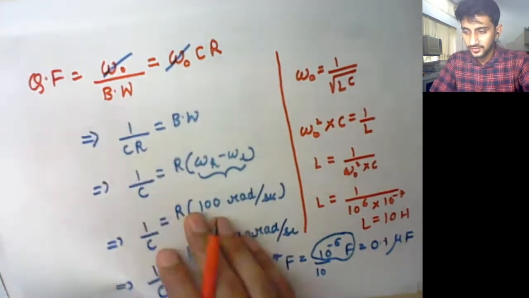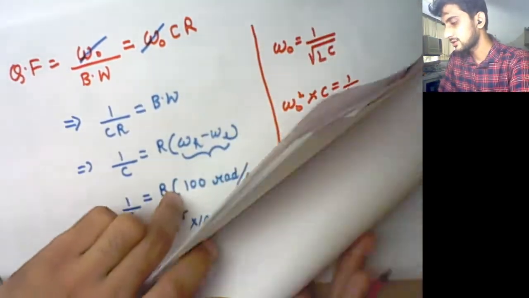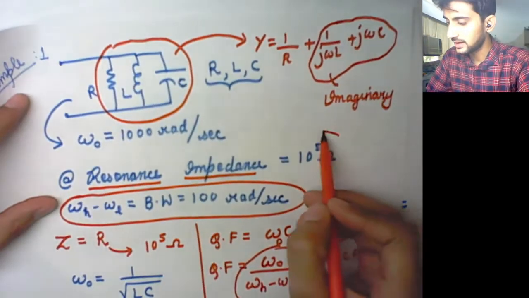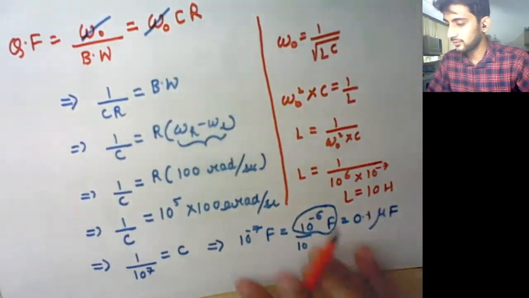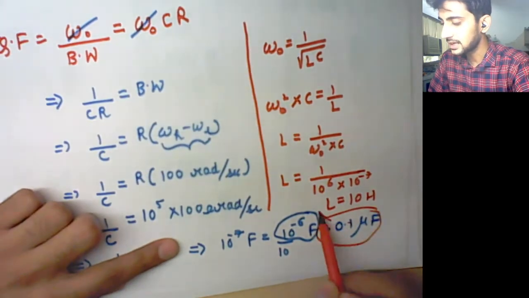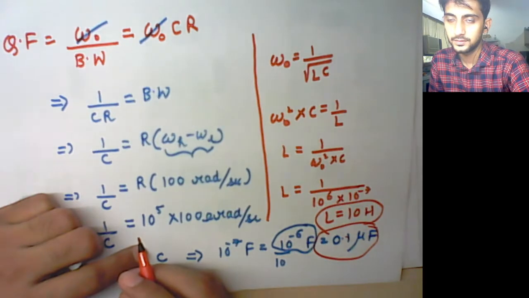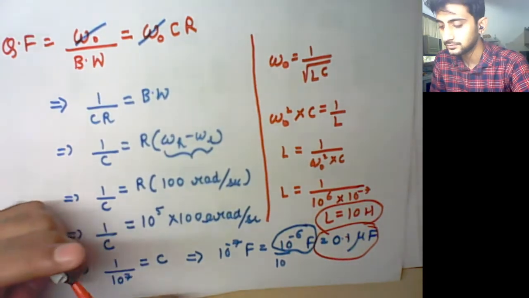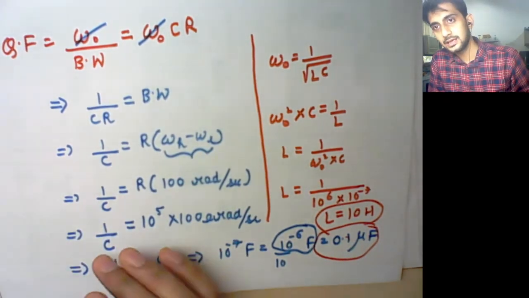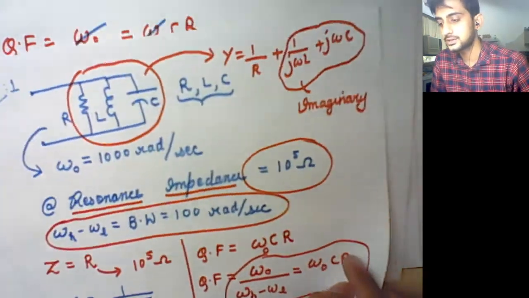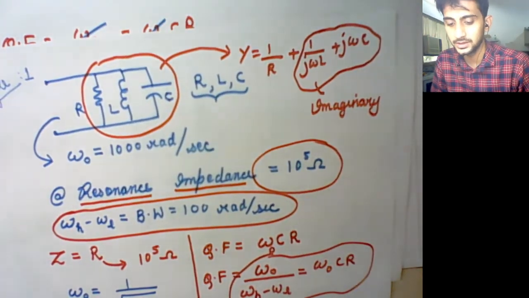So you have now determined everything which was needed. So you have actually found the value of resistance. You have found the value of capacitance as well as inductance. And this was the thing which you were supposed to find out. Okay. So this is how you are going to solve if examples or questions are asked based on such applications of formulas.